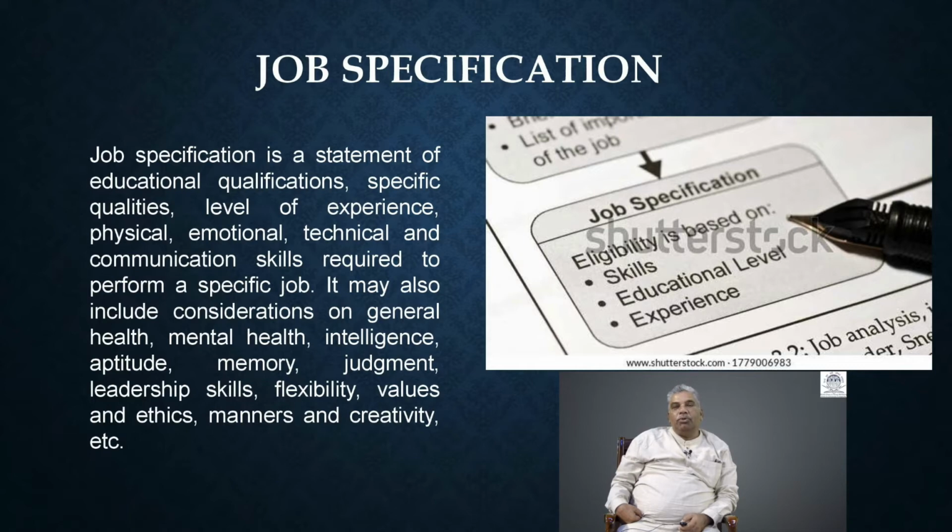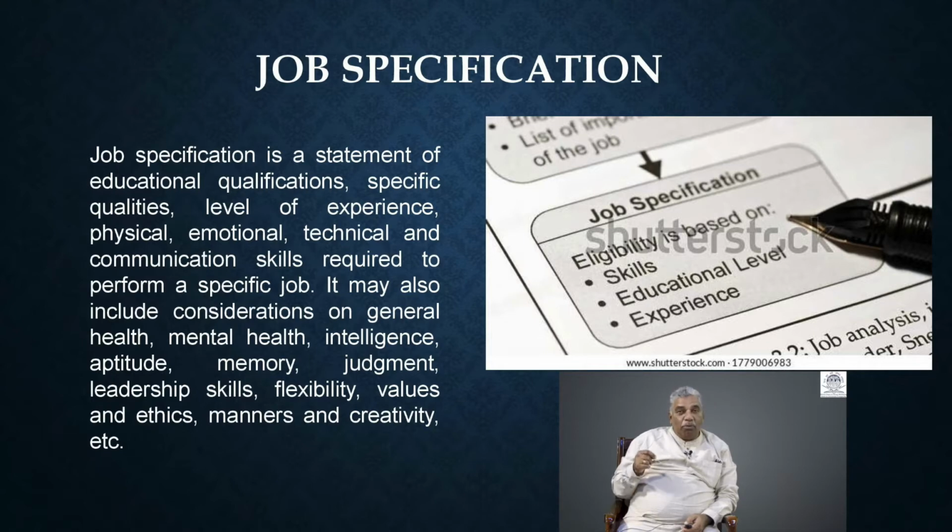It may also include the general health, mental health, a level of intelligence, aptitude for numbers, memory, and the capacity to judge, and sometimes leadership skills, and the kind of flexibility the individual shows, the values and ethics he or she brings in while doing the job, and the manners and creativity. All these things will give you a kind of a specification of a job which is required.